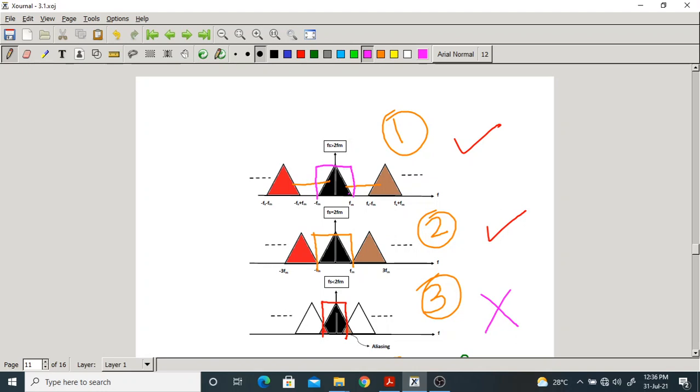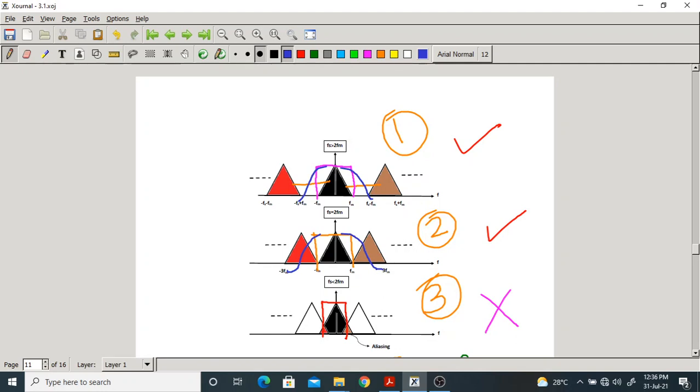If you have an ideal filter, it is well and good, but if it is not ideal, suppose it has some roll off, something like this, still there is no problem. In case 1, even though the low pass filter may not be ideal, still reconstruction is possible. But in case 2, you need an ideal filter. If it is not ideal, again there is a problem in case 2.